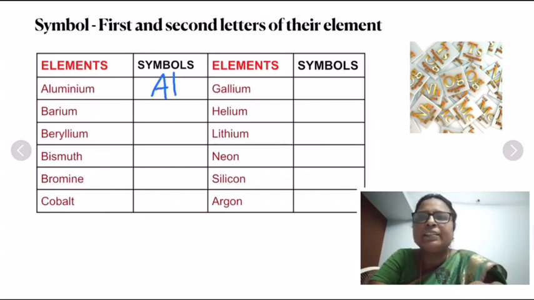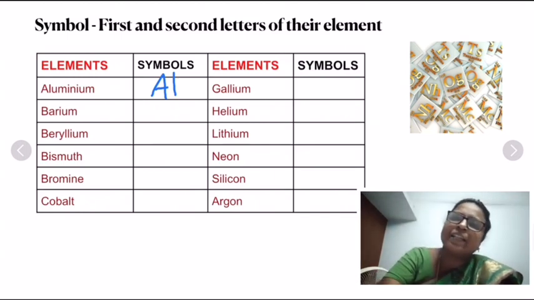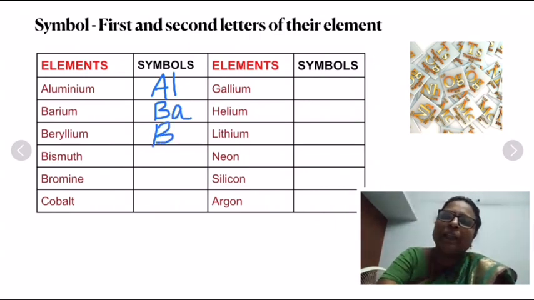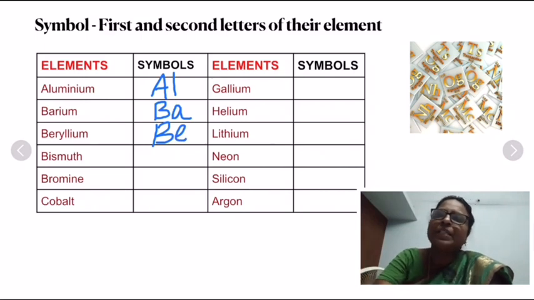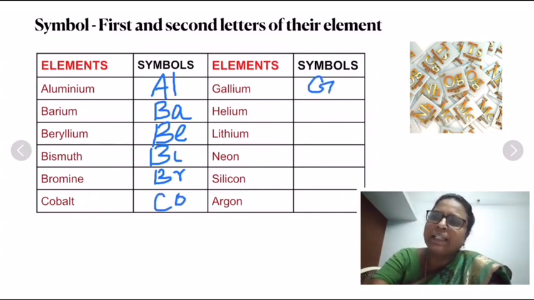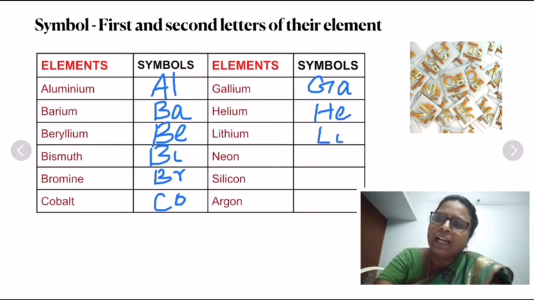The first letter A and the second letter L. Here you can see barium, B, A. Beryllium, B, E. Bismuth, first letter B, second letter I. Bromine, Br. Cobalt, C, O. O is small. Gallium, G, A. Helium, H, E. Lithium, L, I.